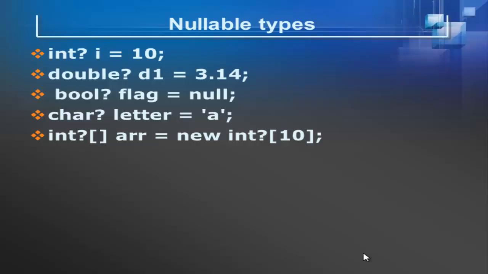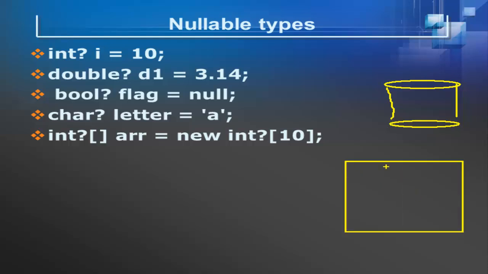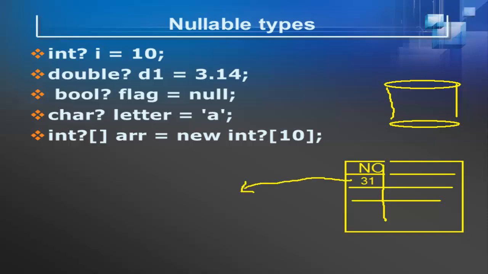Most of the time you will be reading something from the database, and you are all familiar that when we talk about the database, when you try to retrieve something from the database, if the value is not there in a field of a database, suppose if you have a table here and you know very well, you take the primary key, let's say ID, ID I won't take it because ID cannot be null, let's say some numbers, you are storing some numbers in a field of a database, and if some number is there, and when you retrieve it, let's say it is an integer type, you will get that integer value.